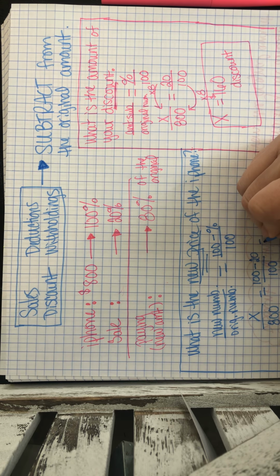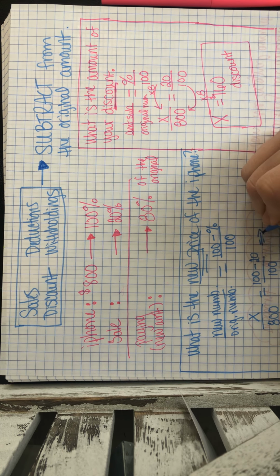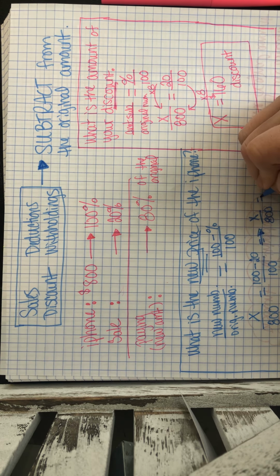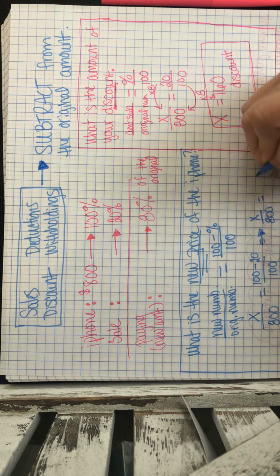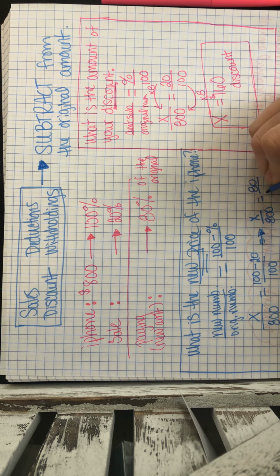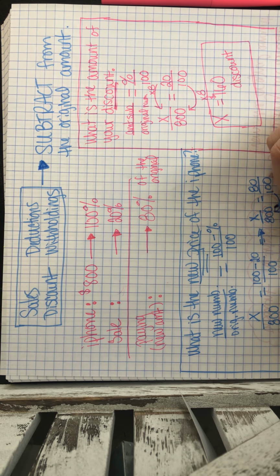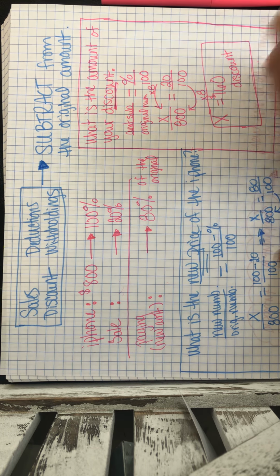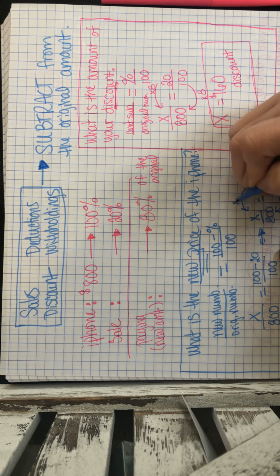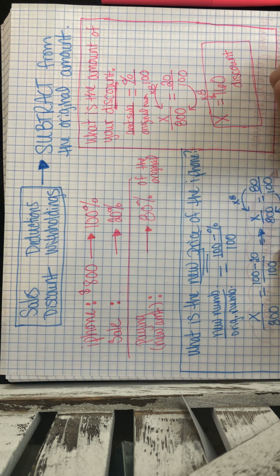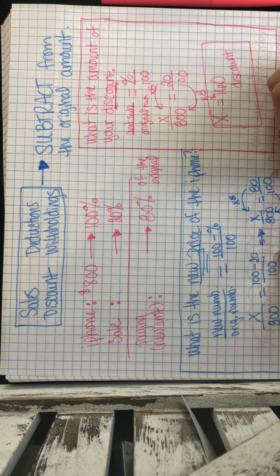So now this gives us X over 800 is equal to 100 minus 20 is the 80% over 100. So this times 8 gives us 800. So if we multiply this by 8, we end up getting X equals 8 times 8 is 64, and we add the 0.